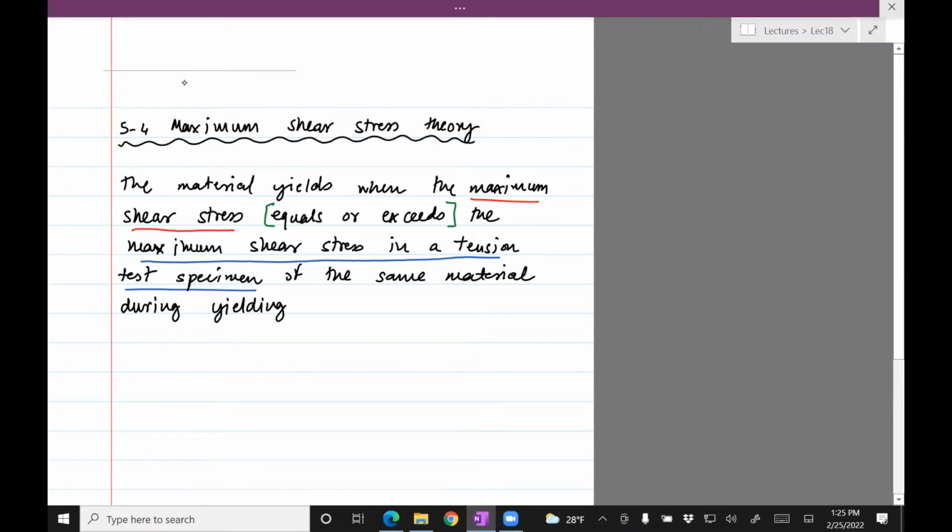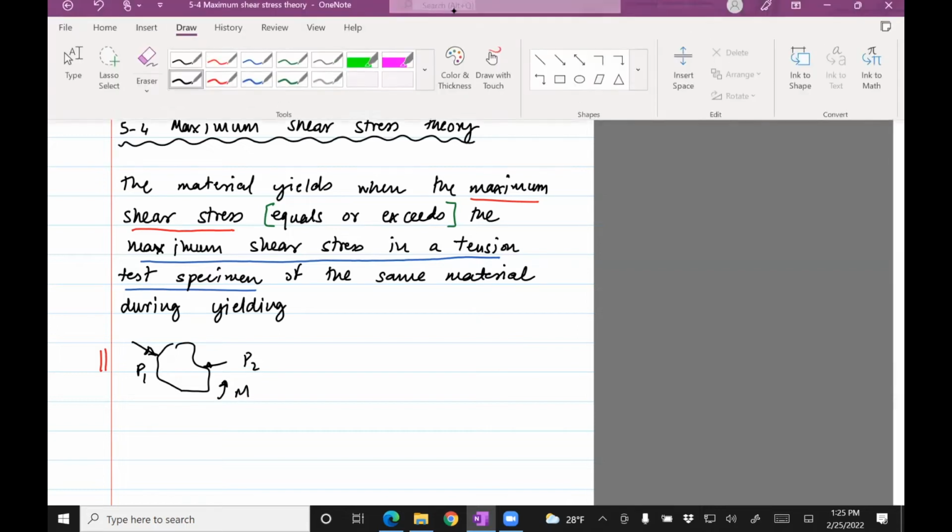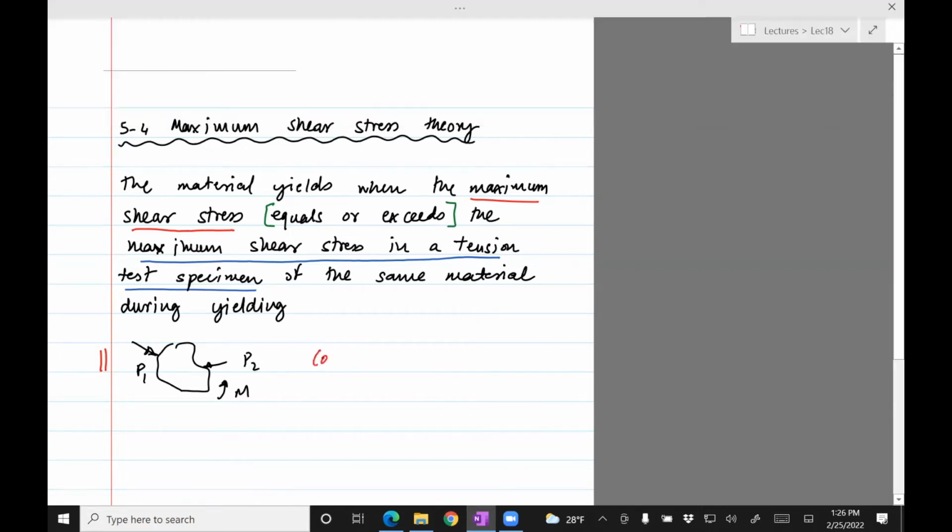The first part in red means that you're given a specimen which is subjected to a load P1, P2, M. What you need to do is compute tau max.